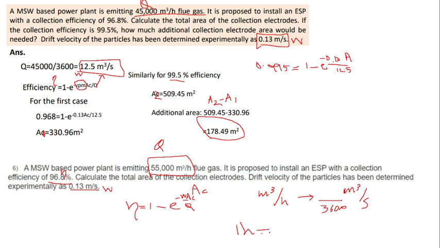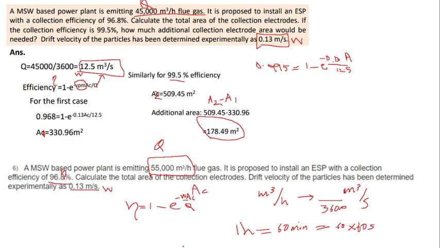We know, right? 1 hour is equal to 60 minutes. Again, 1 minute is equal to 60 seconds. So 60 into 60 seconds. That's why we are dividing it with 3600.